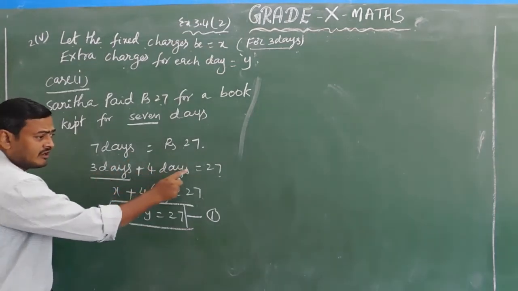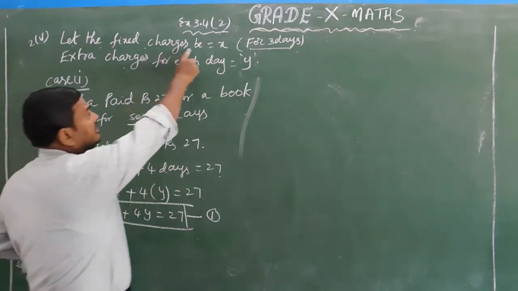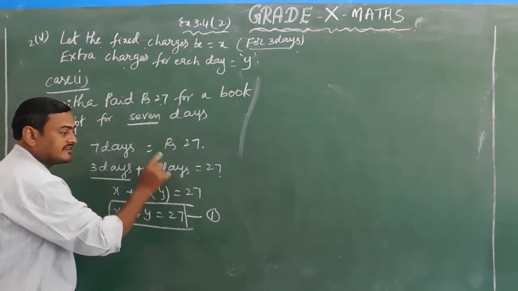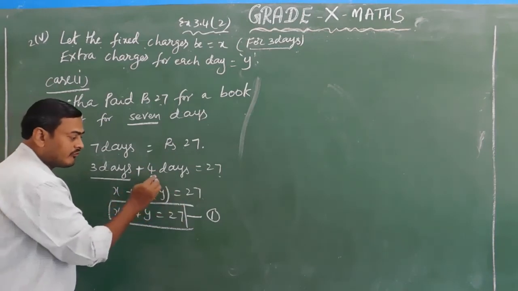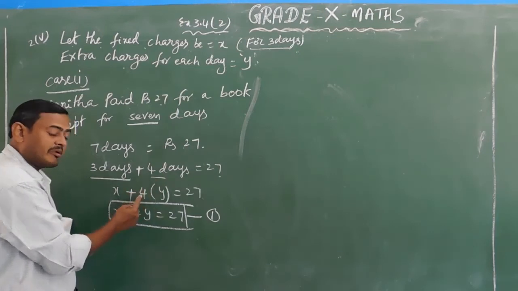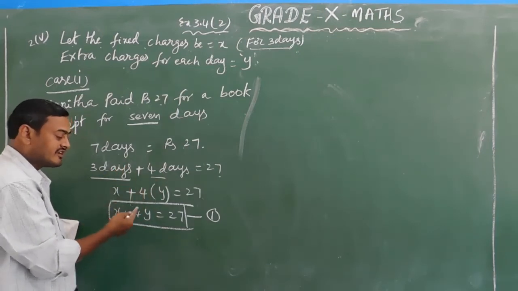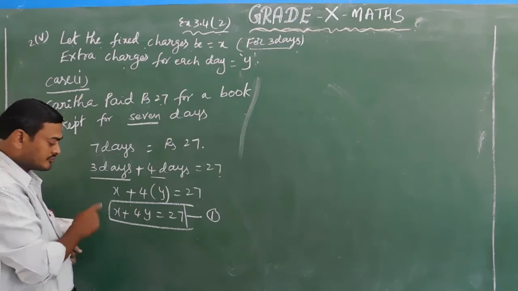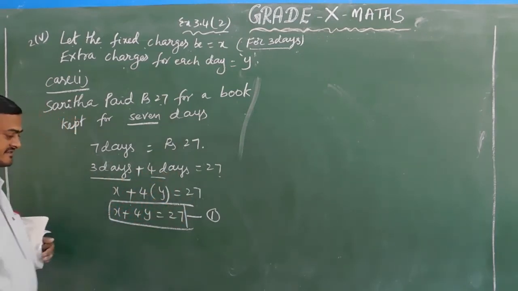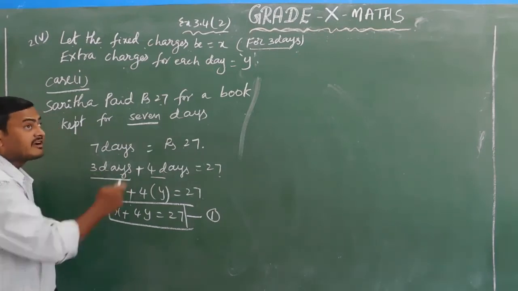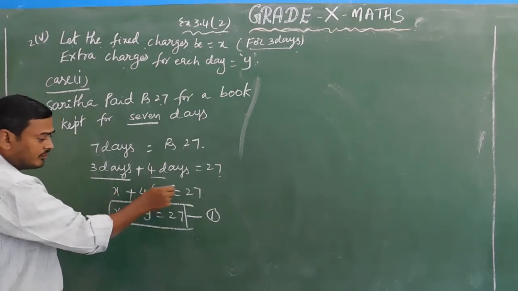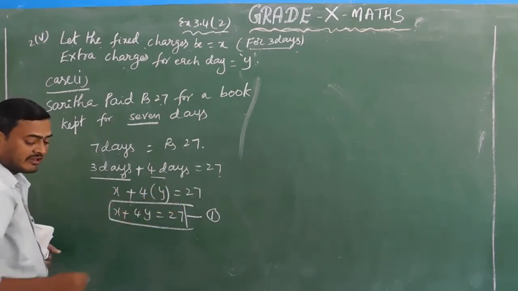The fixed charges for 3 days will be x, plus for the remaining 4 days, each day we pay an additional charge, so 4y, equal to 27. So x plus 4y equal to 27. This is equation number 1.